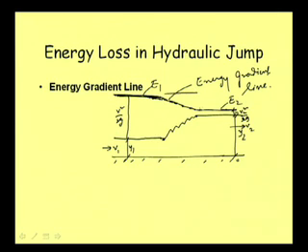Energy loss, delta E, is equal to this one, or we can write this as EL, energy loss. EL is equal to E1 minus E2. So, from the diagram this energy loss is clear.